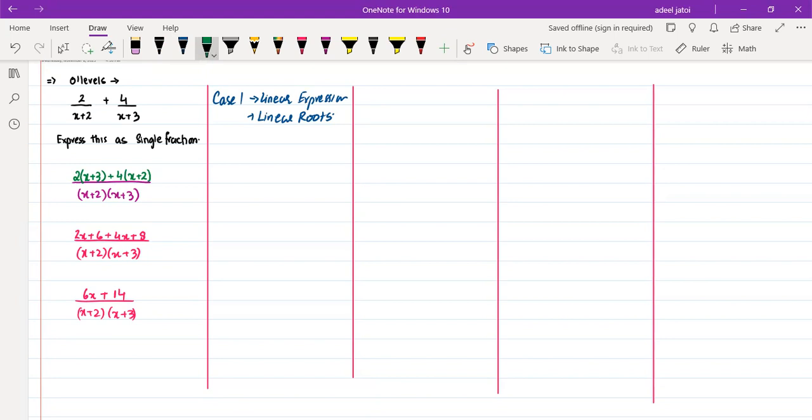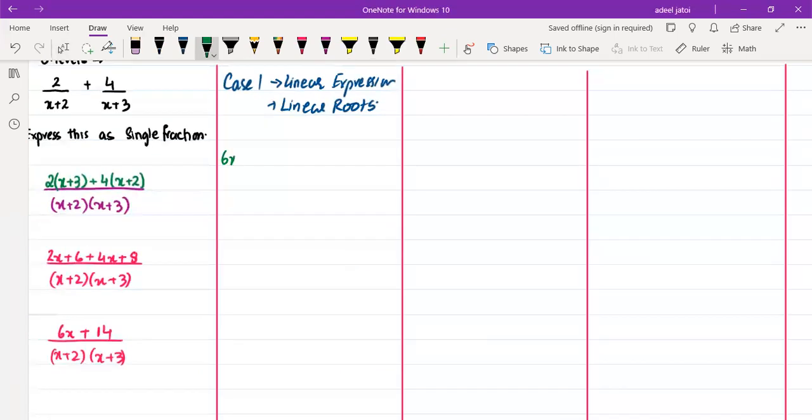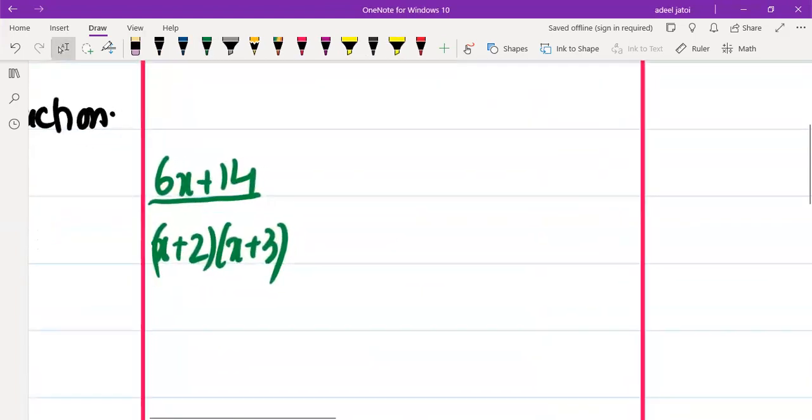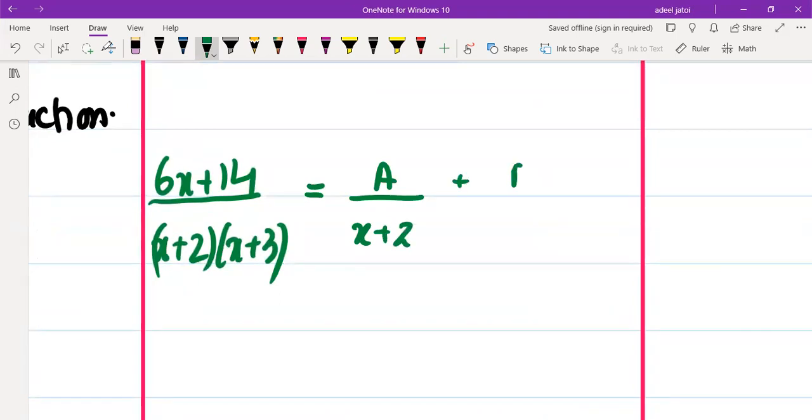We did 6x plus 14 upon x plus 2 and x plus 3. What we can see is there are two expressions in the denominator. One is x plus 2, the other one is x plus 3. We can always break these into two different fractions. That means we can have a upon x plus 2 plus b upon x plus 3.